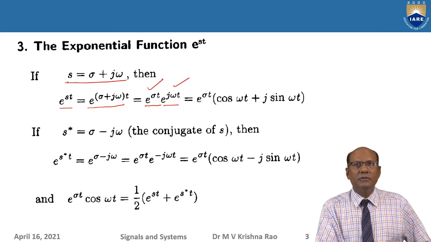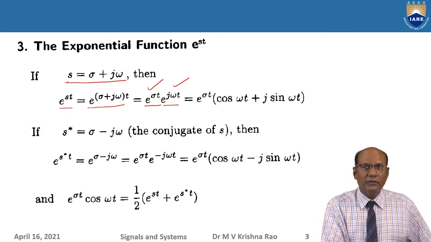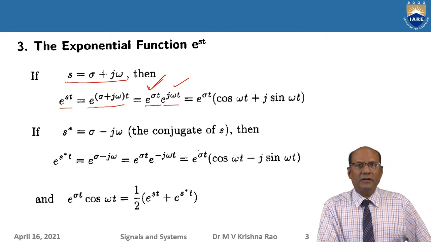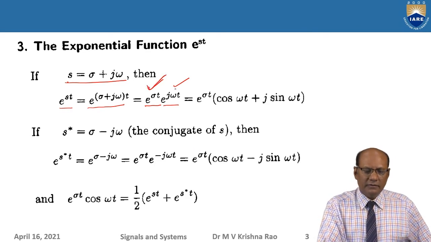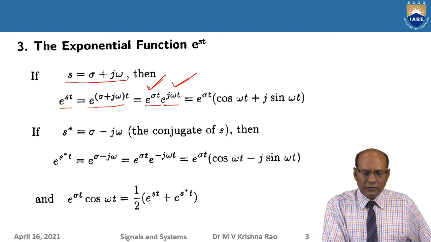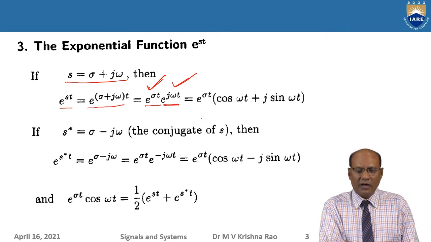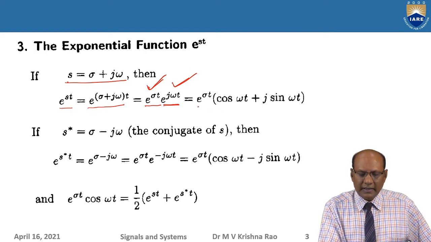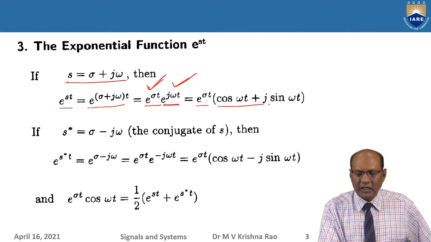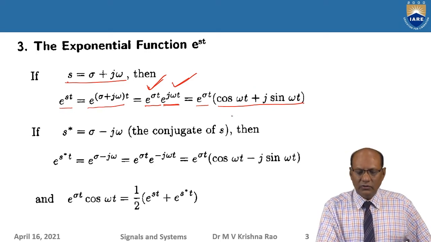There are two exponential functions: one is e to the power of sigma t, a real function, and the other is a complex function, e to the power of j omega t. Now, if we expand this using Euler's formula, I get e to the power of sigma t multiplied by (cos omega t plus j sin omega t). So this is what I have.